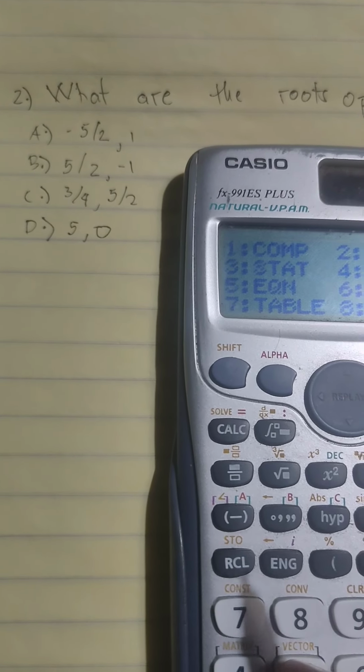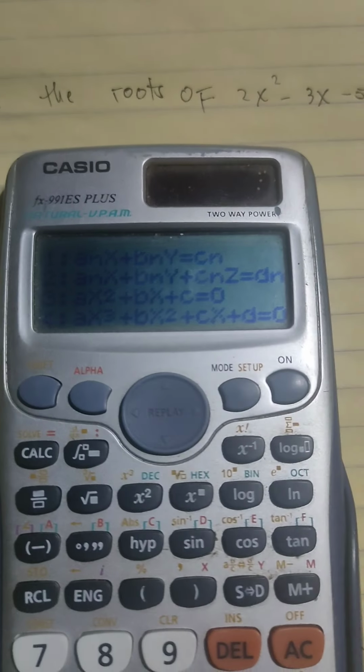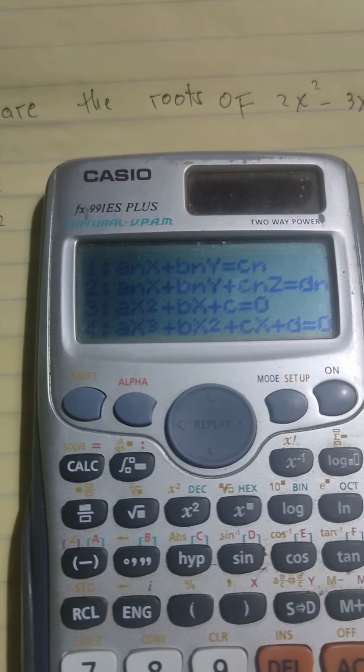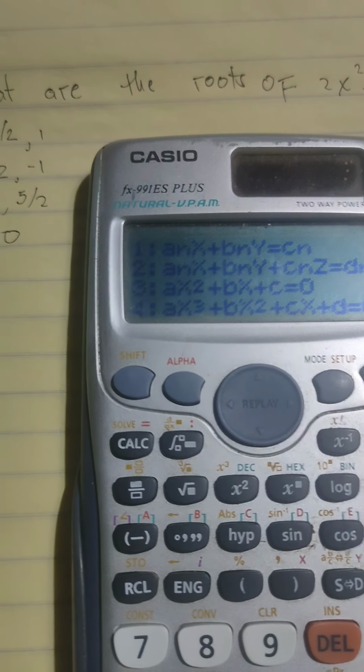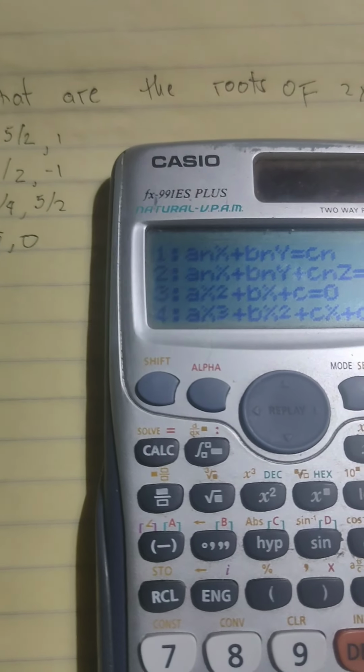We just need to press 5. As you can see in the equation, it is just x squared, so it means it is a quadratic. So the number that we need to press is number 3 for the quadratic.